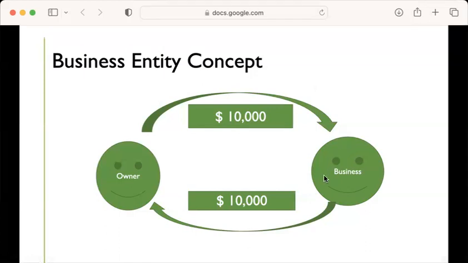That means, as a business, we don't care about the owner, like I said. So as a business, the business receives 10,000 in, and at the same time, the business becomes liable to the owner for 10,000. So one transaction has two effects, and this is called the dual aspect of business transactions.